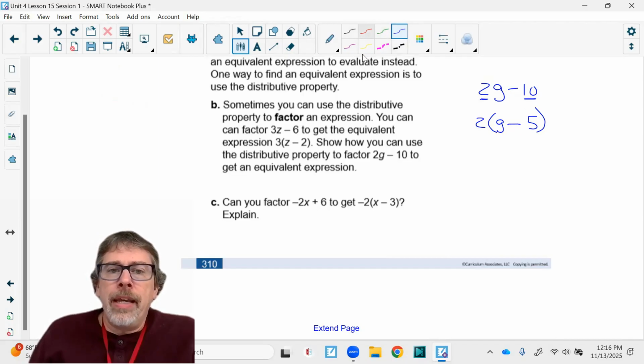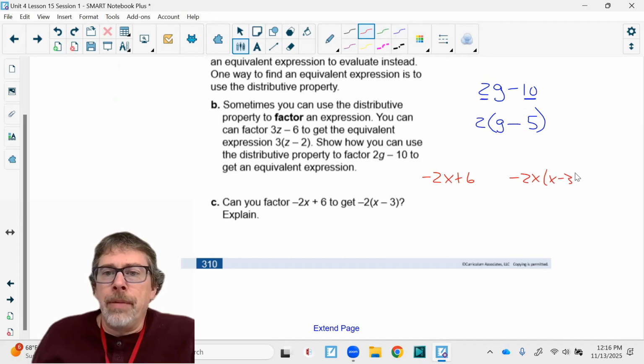So now part C says, can you factor -2x plus 6 and get -2 times x minus 3? Well, what can I factor out of this? I can factor a -2. You always want your variable positive because it's positive over here.